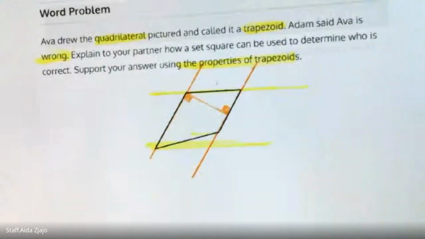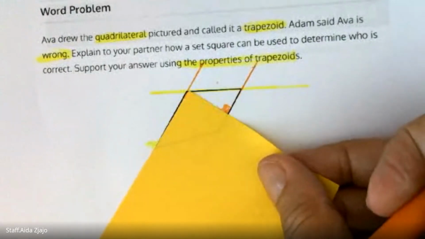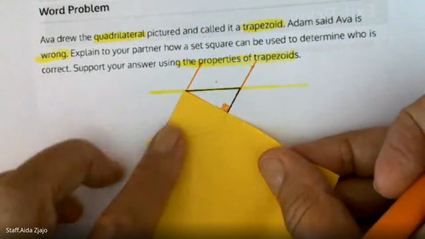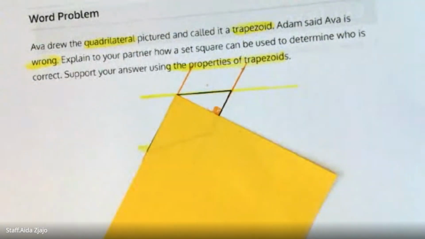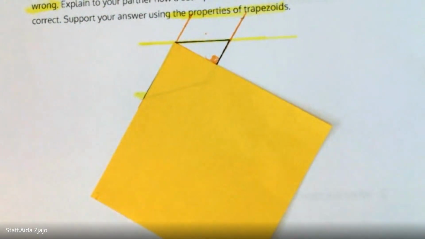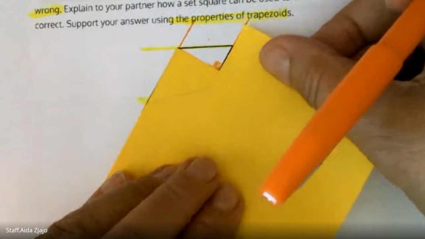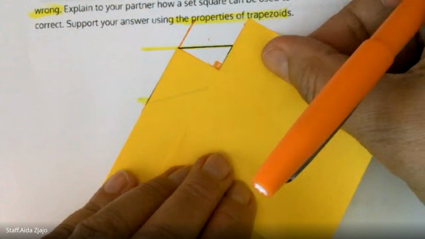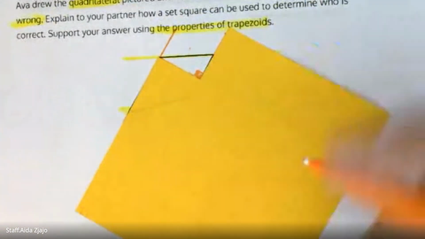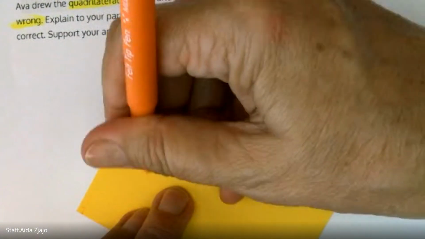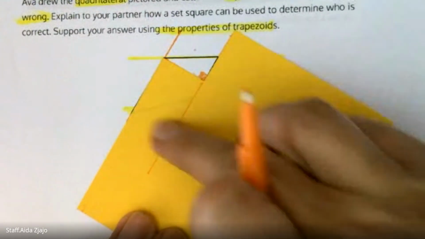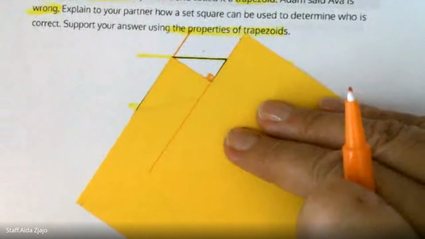So that is the idea with these. If I make this one here, and take the other one, and make it parallel to my bottom line, you can see that I'm creating a parallel line. This one and that one are parallel.